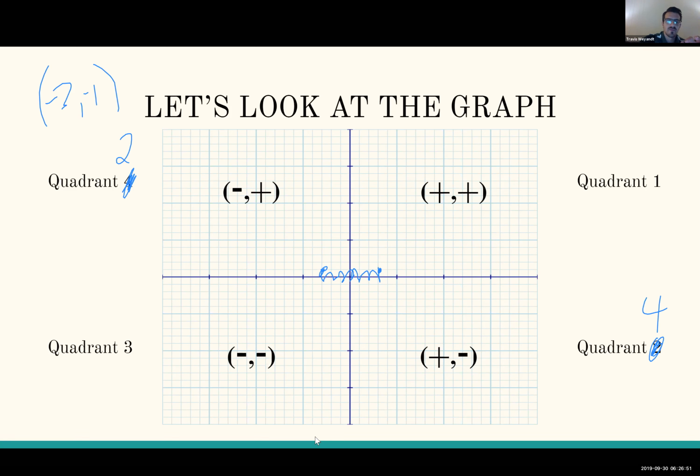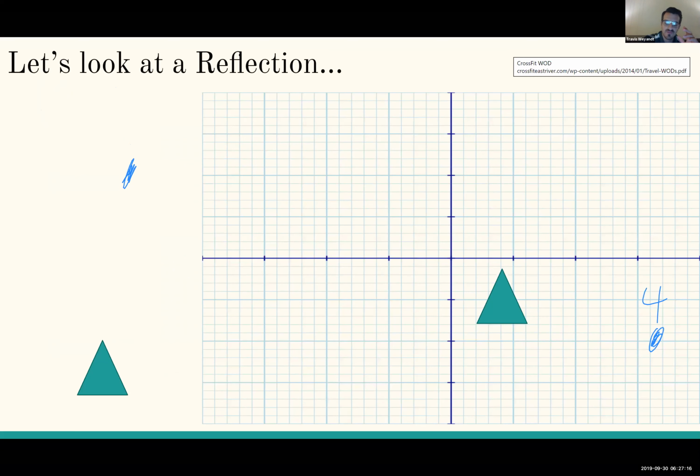So again, the 4 quadrants show us the positive and negative values that go with each number. So again, disregard my numbers. Quadrant 2 is at the top left and quadrant 4 is at the bottom right. So if I take this knowledge and move into a reflection, let's look at one.